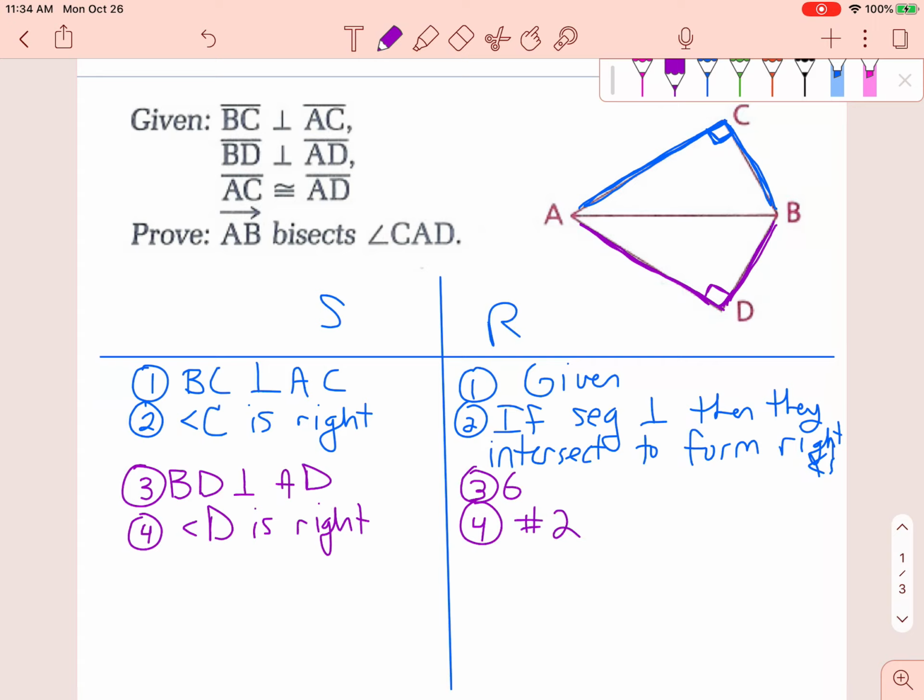If segments are perpendicular, then they intersect to form a right angle. My next given says that AC is congruent to AD. AC is congruent to AD. And that is given.